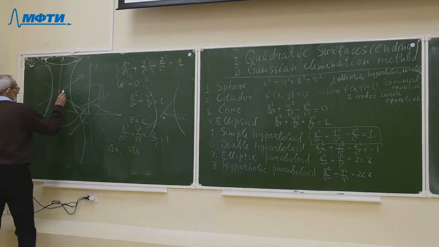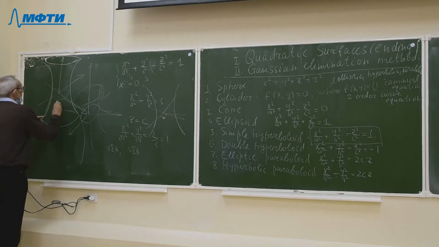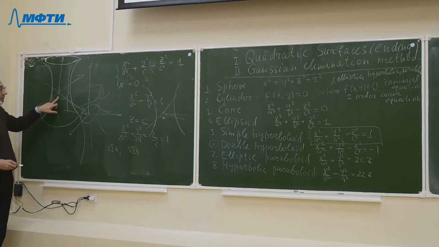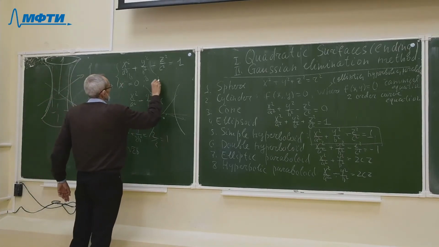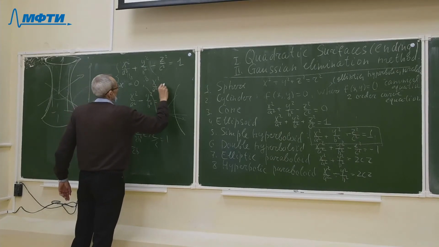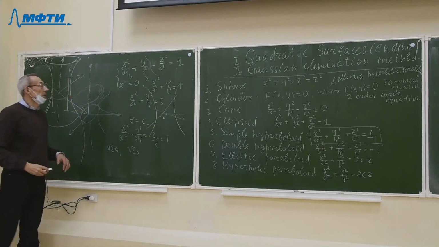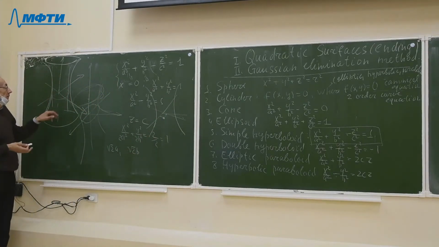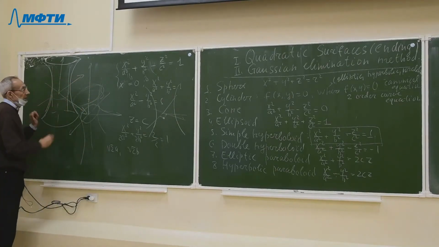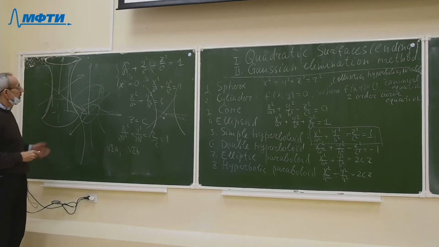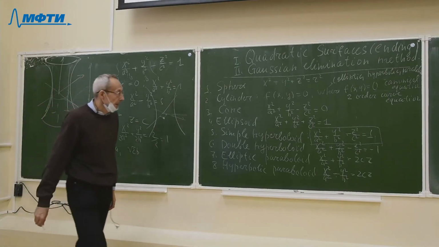The interior of this ellipse, if we consider the cylinder, the cylinder lies in the interior of our surface, strictly in the interior, in the intersection of this ellipse of our hyperboloid and this cylinder.